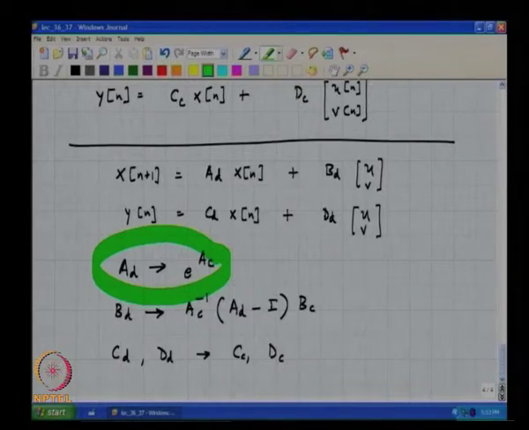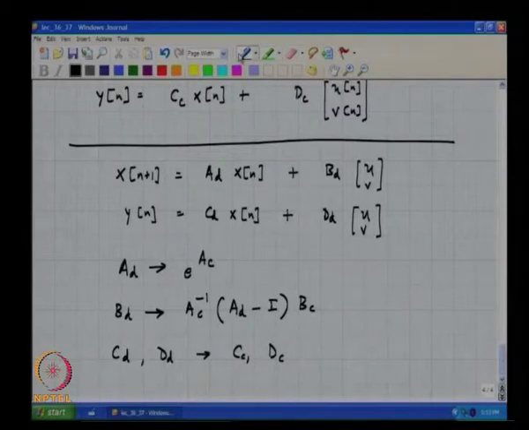All right. So, once given AC, BC, CC and DC, the corresponding discrete time state description can be found. One can therefore use a discrete time simulator to run all your simulations.